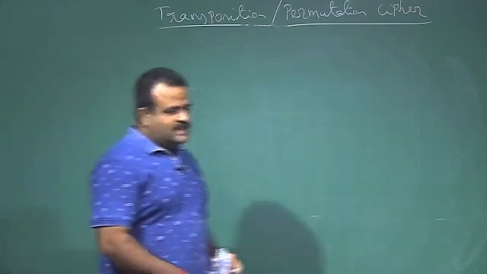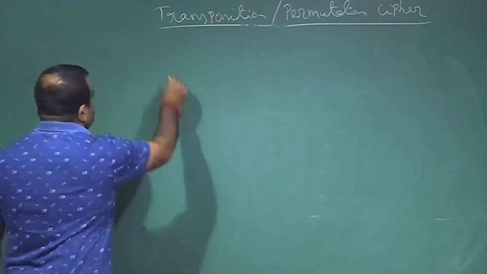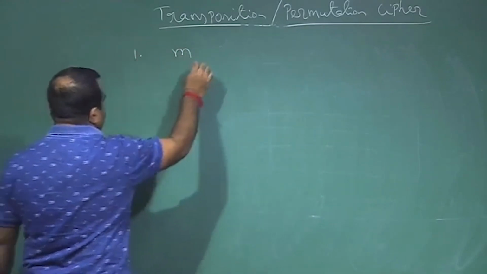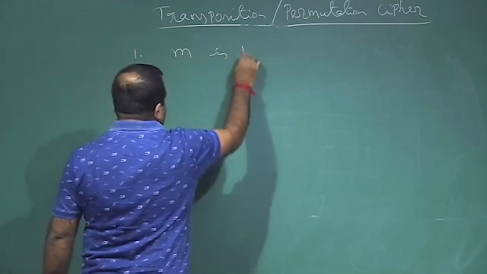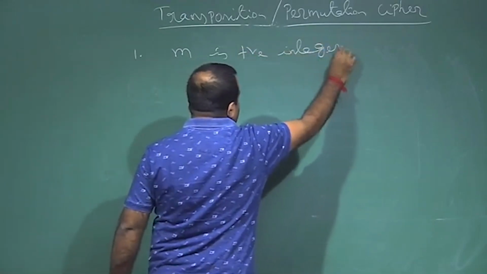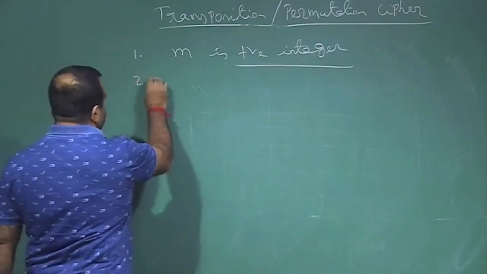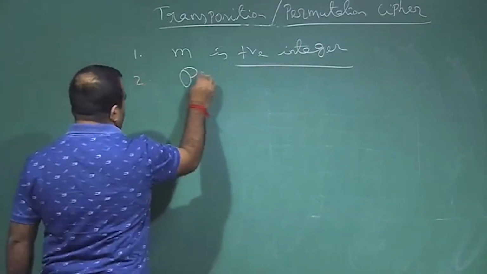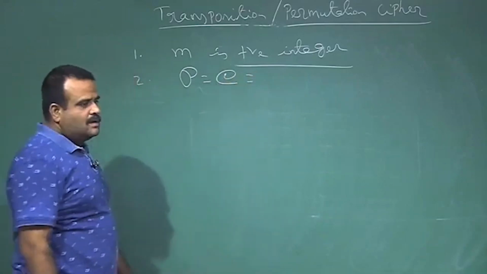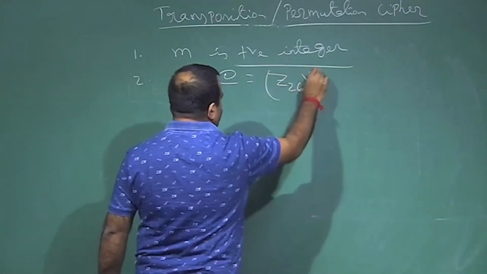So, this is step 1: we choose m, a positive integer. Our window size is m, and similar to the Vigenere cipher, here also our plaintext and ciphertext space is Z26 to the power m.